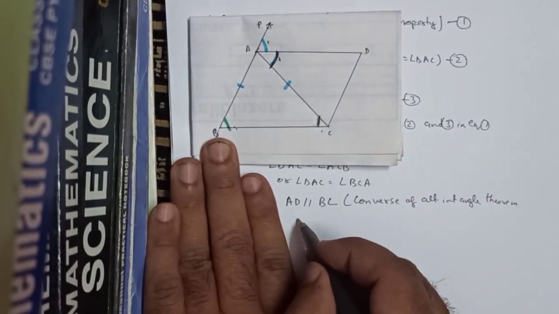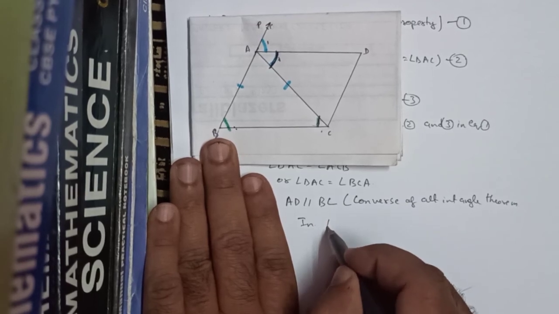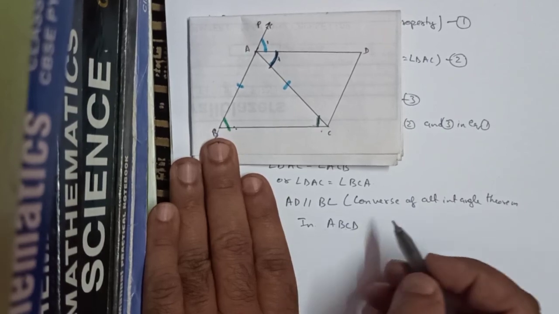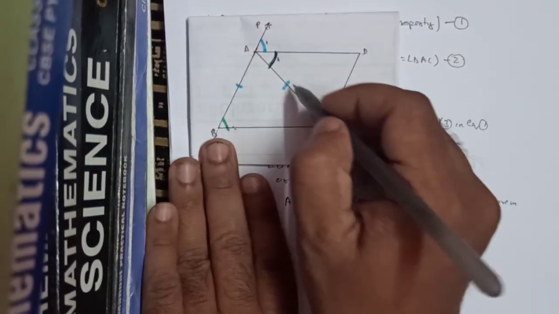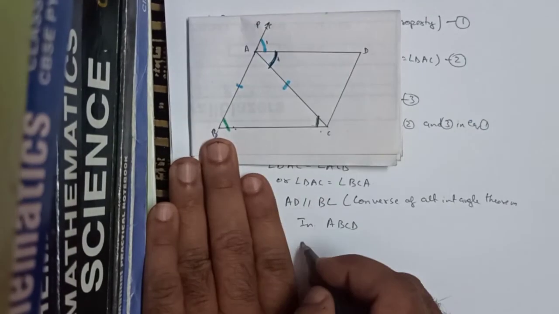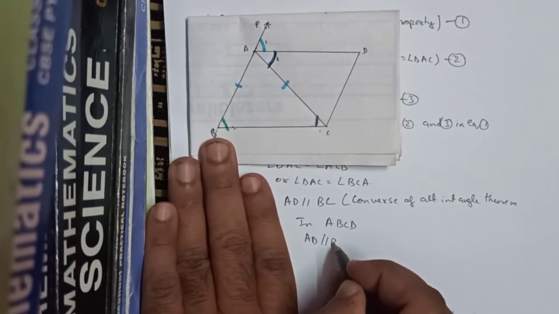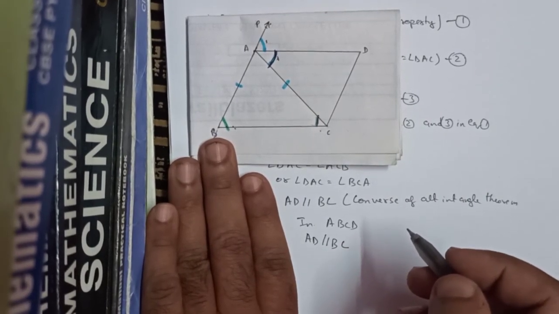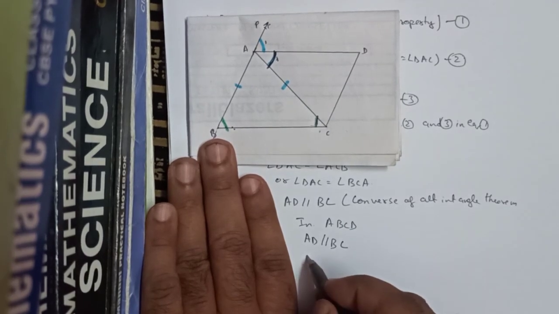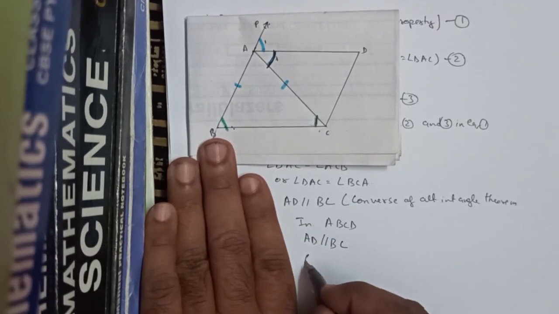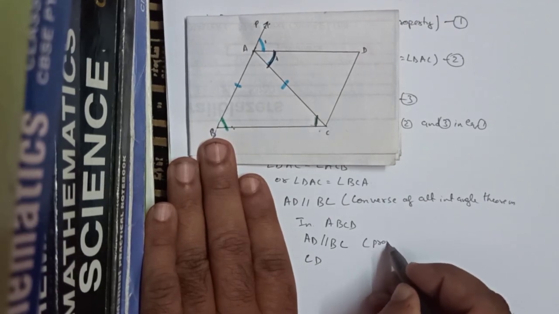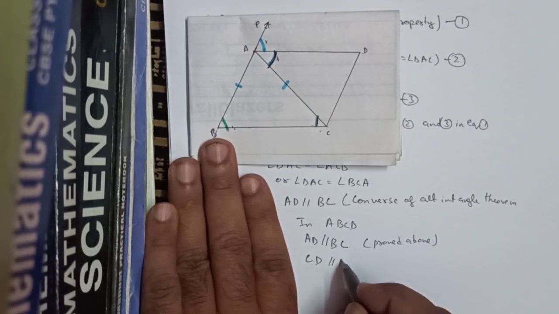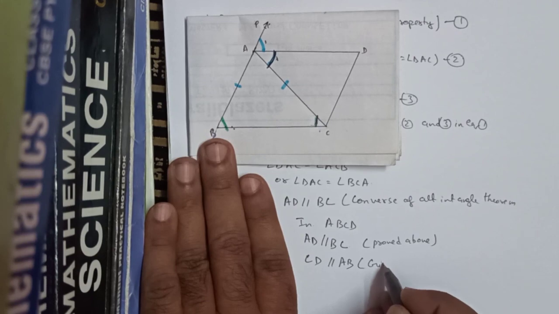So in quadrilateral ABCD, AD is parallel to BC, and it is already given that CD is parallel to AB in the question.